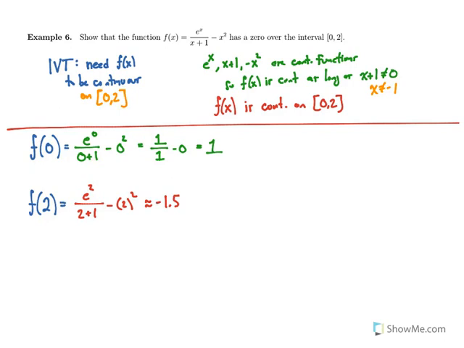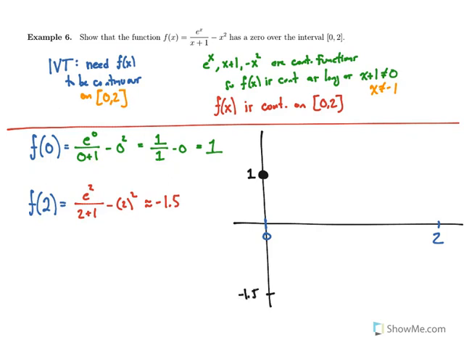So how can this show us this is going to be a 0? There's going to be a 0 on this interval. Well, again, let's graph this function a little bit, what we know about it. We're thinking about on the interval 0 to 2, we have that f of 0 is 1, and we have f of 2 is about negative 1.5.